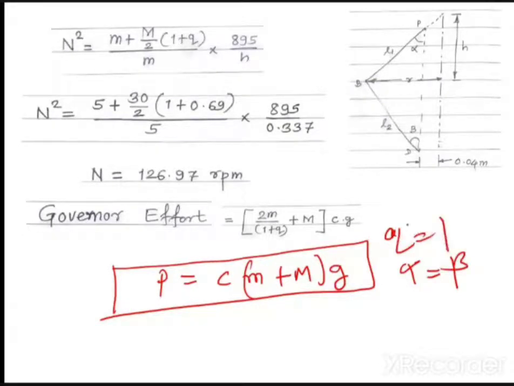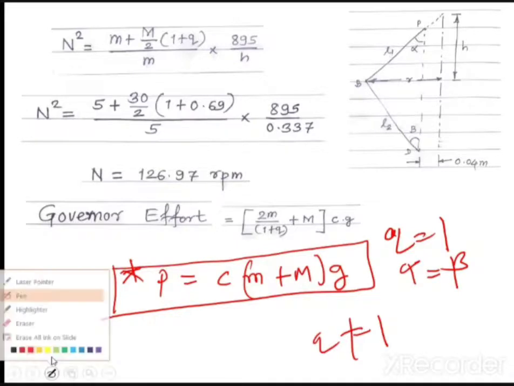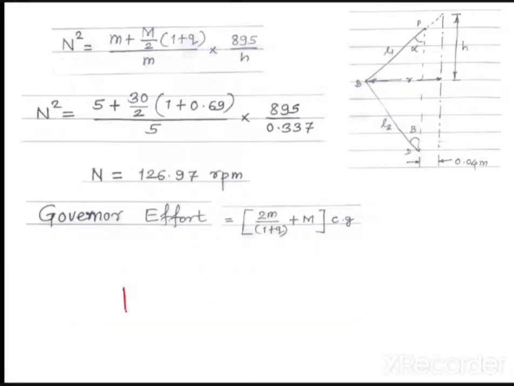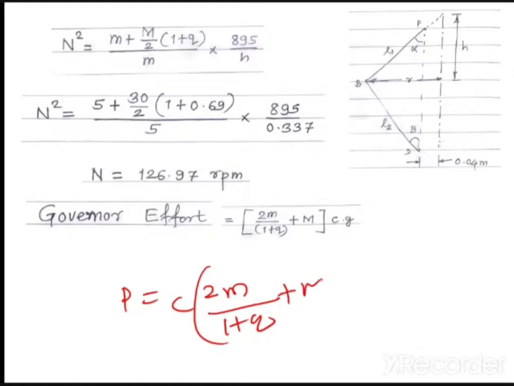Now further, if you do the derivation, I haven't gone through the derivation because it is a very tedious derivation, and I hope you can go through the notes and you will get it. But after deriving, when q is not equal to 1, the governor effort formula gets modified into this: P is equal to 2m divided by (1 plus q) times C, plus m into g.